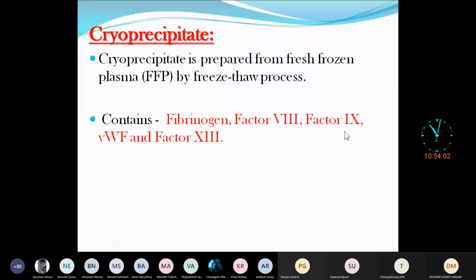At that time, the persons were given cryoprecipitate and clotting factors, factor 8 and factor 9, and they died not because of the bleeding but because of HIV, hepatitis B and hepatitis C. In those years, hepatitis B, hepatitis C and HIV were not identified.